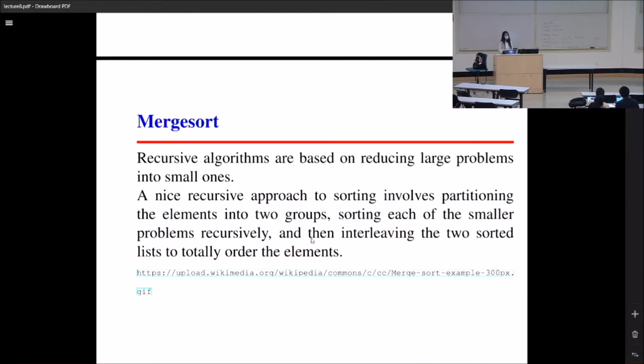First of all, merge sort is a recursive algorithm. A nice recursive approach to sorting involves partitioning the elements into two groups. For merge sort, it will partition the array into the left part and the right part.